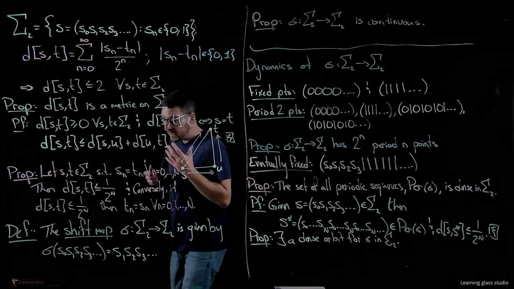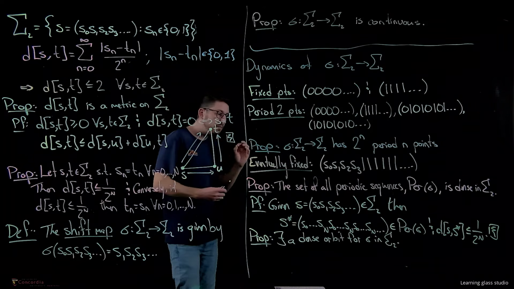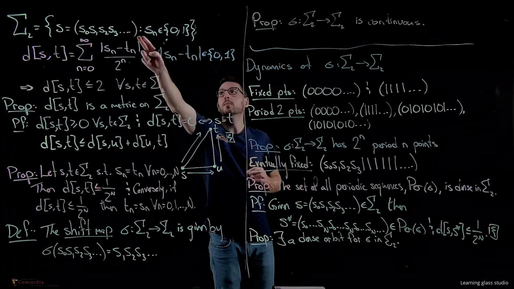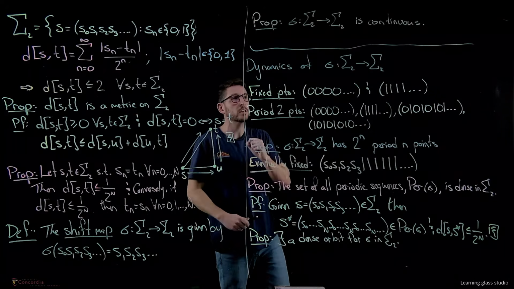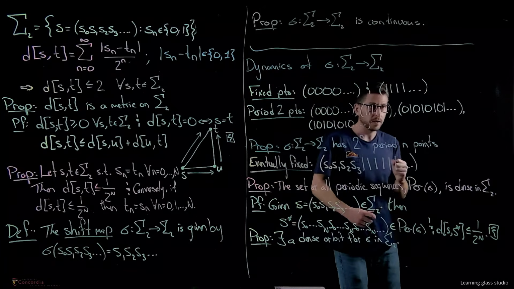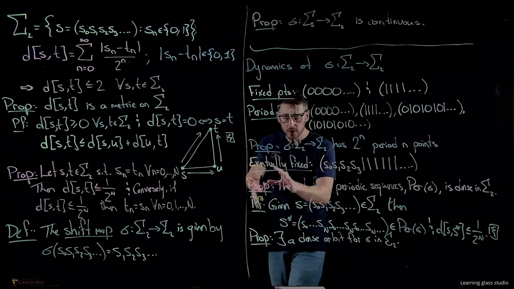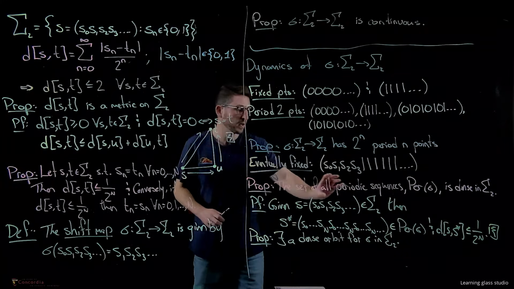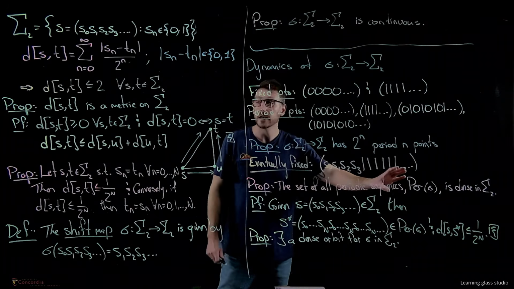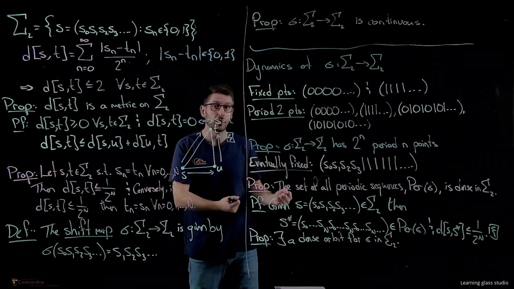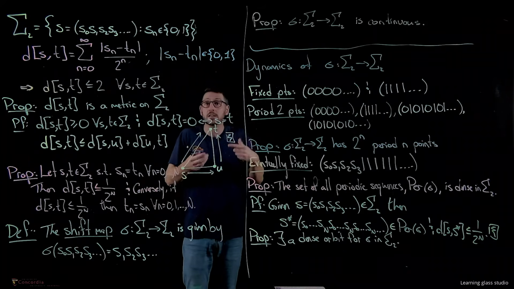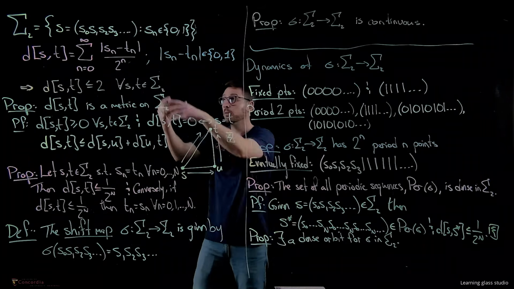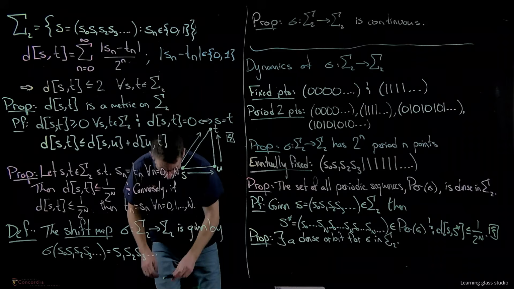And this is a non-periodic point that will come close to every single point in this sequence space under iterations of sigma, okay? So this is sort of a different version of the previous proposition. The previous proposition said I can approximate any element of the space using a periodic point. Now what I'm doing is showing that if I iterate a certain element of this thing, I can approximate every sequence in here as well.